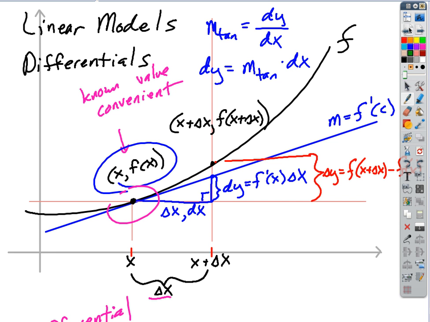Because it's not like dy, where there's two values and then the dy is just a change in value. No, it is. What's x plus delta x minus x? Or dx, whatever you want to call it. Why would you subtract x? Well, because it's the change in the x coordinate. It's the change in the x value: this x coordinate minus that x coordinate. So it really is a difference.